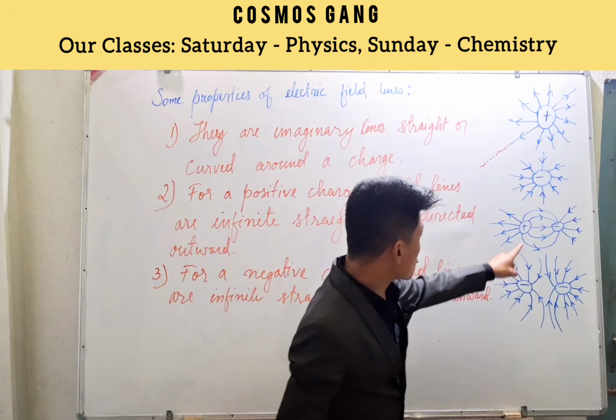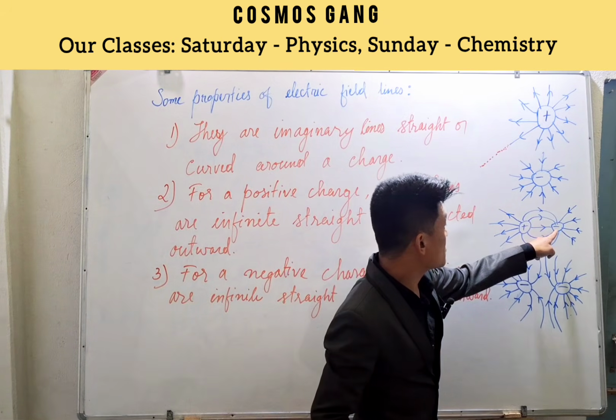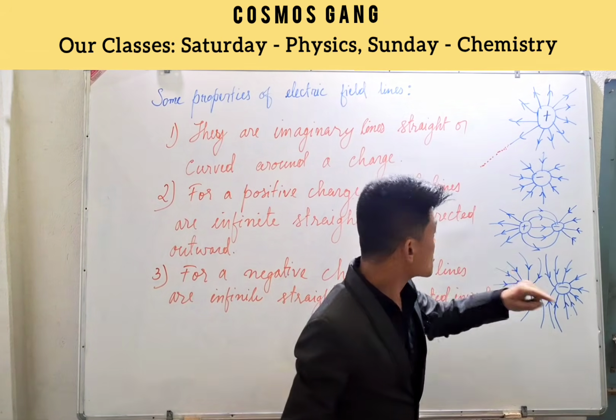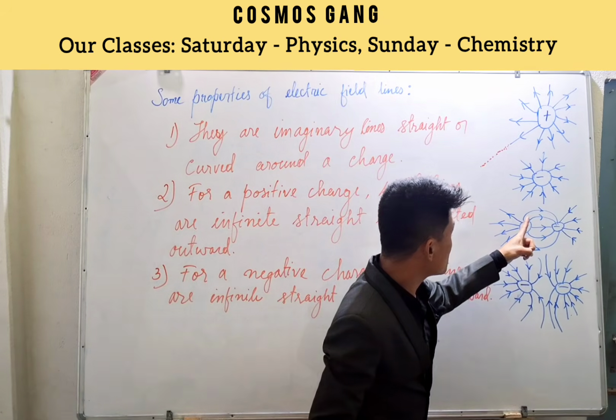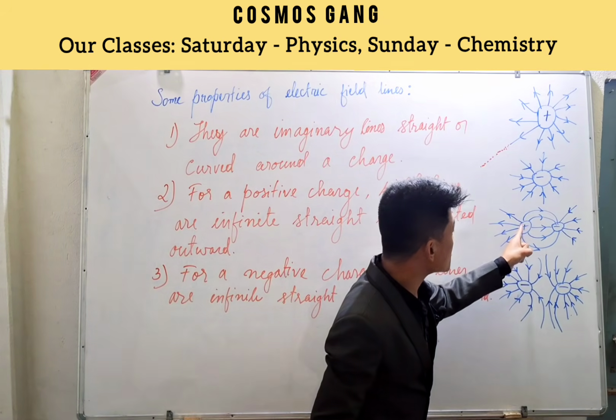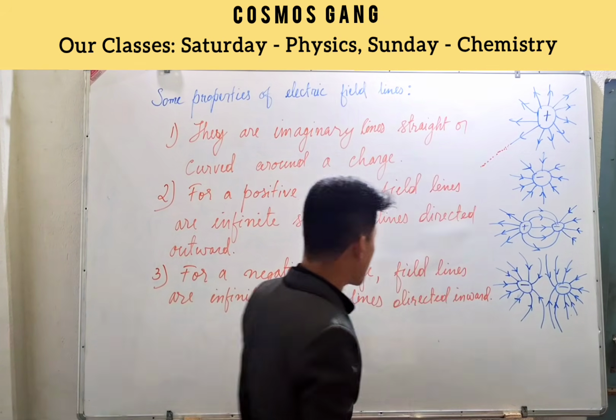For two opposite charges, positive and negative, the field lines may be straight or curved, but are always directed from positive to negative.